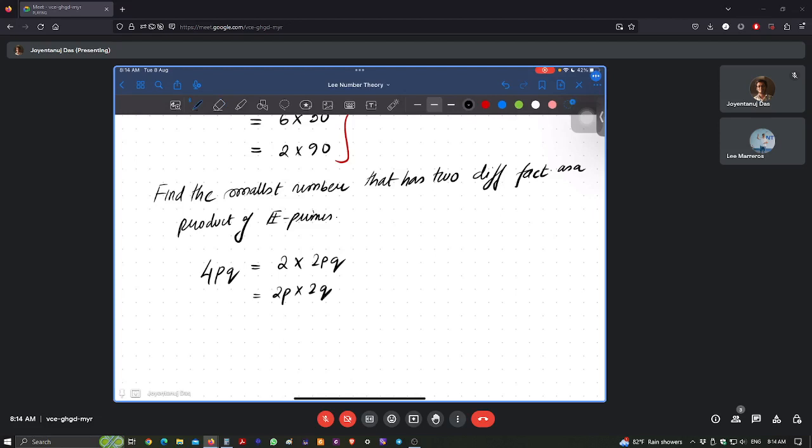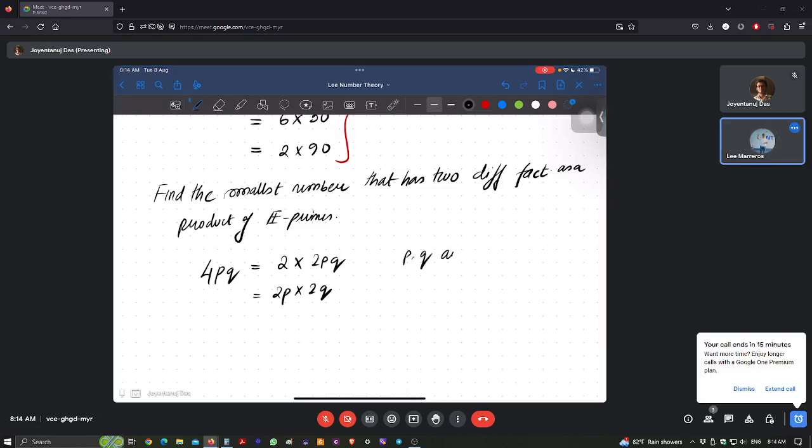So these will be the only 2 factorizations as E prime factors. P and Q are odd primes.